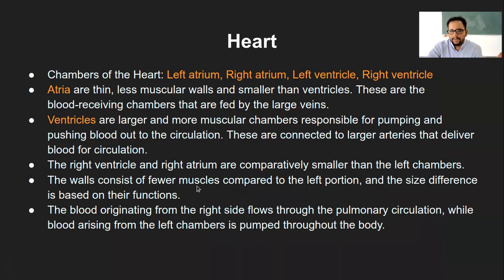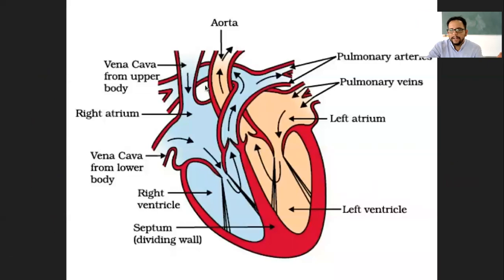I don't know what that means, but ideally, if the left side is bigger, the left side also has a little thicker wall. If you look at the ventricles, which is very apparent, the thickness of the left ventricle is more than the right ventricle.